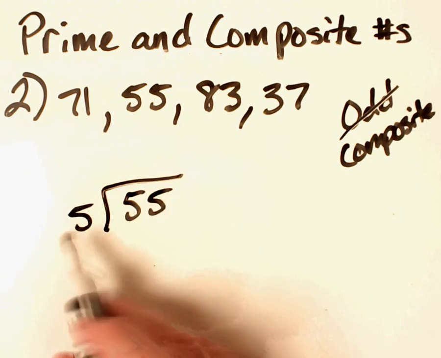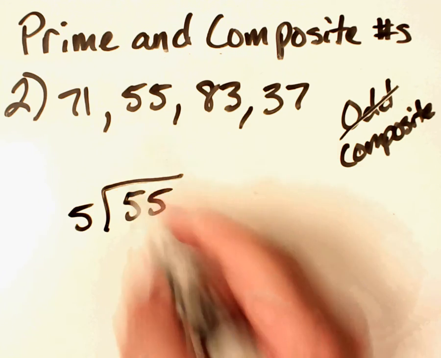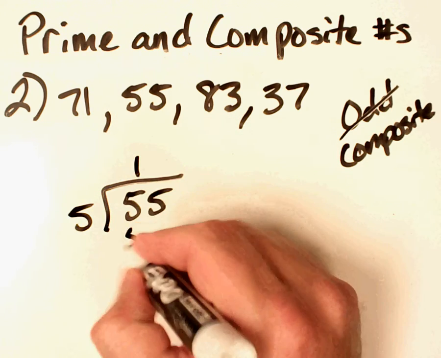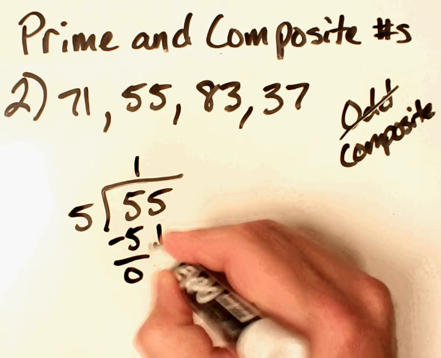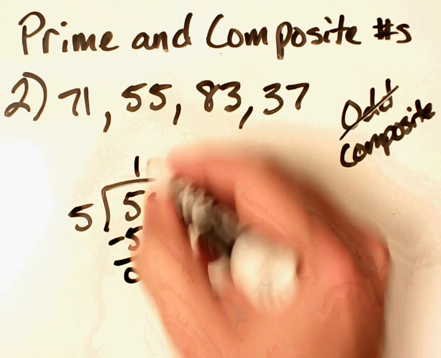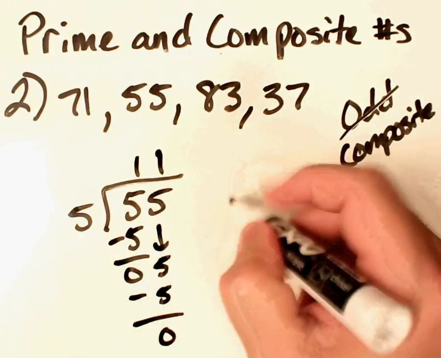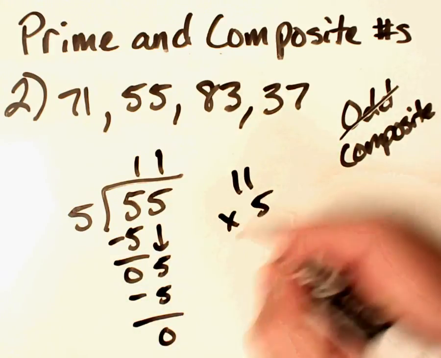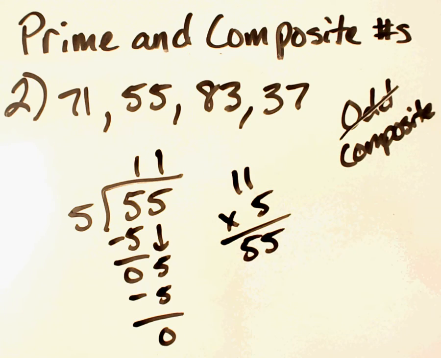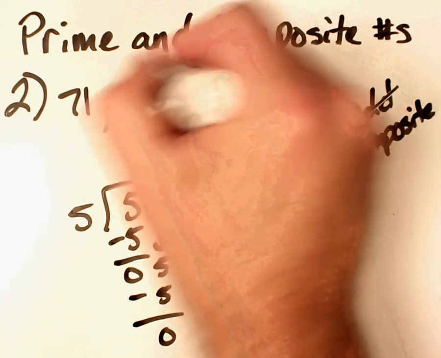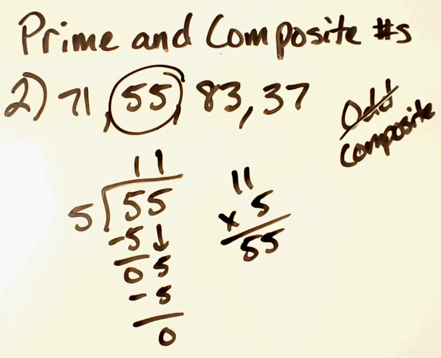So let's divide 55 by 5 and see if it actually is a multiple. And it is. So what that tells me is 11 times 5 gives me 55, and so 55 is a composite number. That also just happens to be odd.